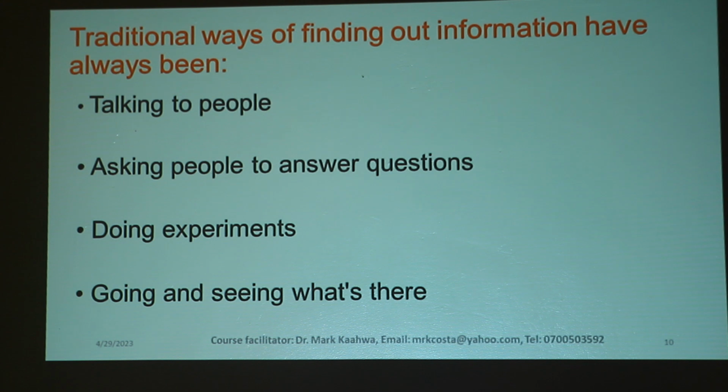In the past, looking at the traditional ways of finding information, how would people find out things? You would find out things by talking to people, by discussing, by asking people to answer certain questions. The Socratic method of asking. Doing experiments, and from the experiments you get the answers. Going there and seeing for yourself, and then ascertaining and gathering that information and recording it down.